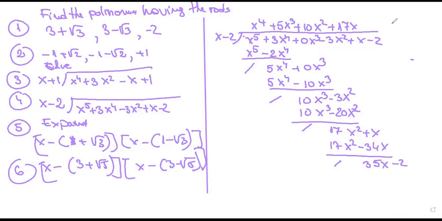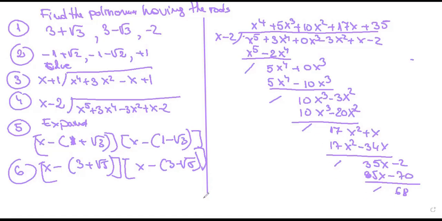Minus 2 drops down. 35x divided by x is plus 35. Times x is plus 35x. Then times minus 2 is minus 70. 35x cancels out, and then it becomes 68 as the remainder. Good.